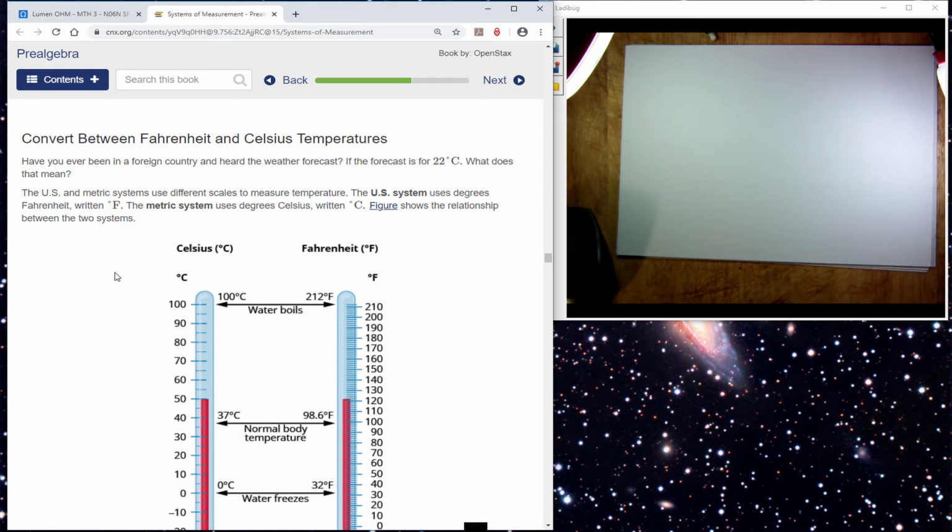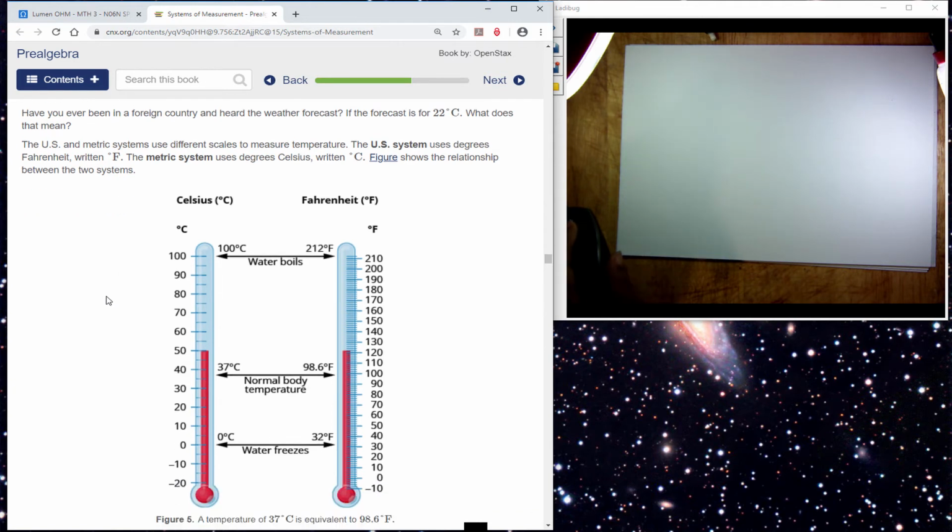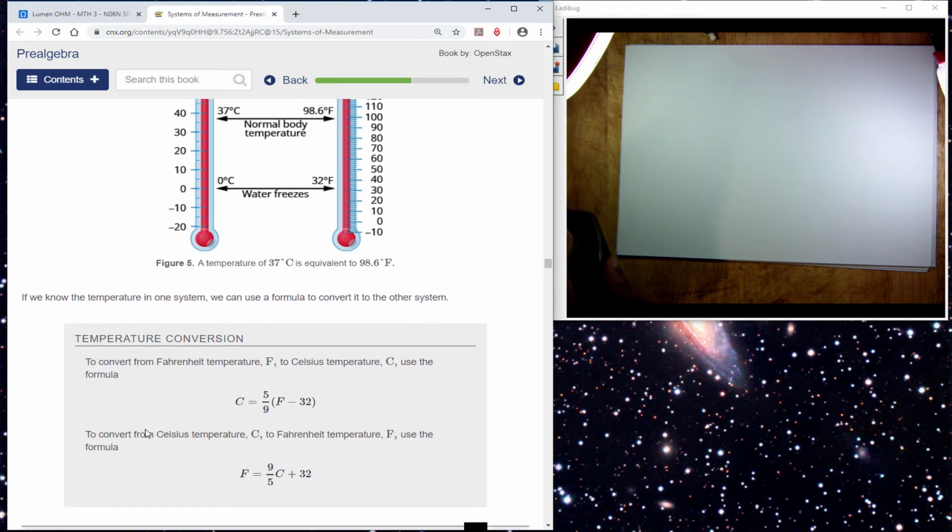Now we look at converting between Fahrenheit and Celsius. There isn't a direct relationship. They have formulas that they can use to correlate between the different systems for separate temperature ranges. These are the formulas they're using.